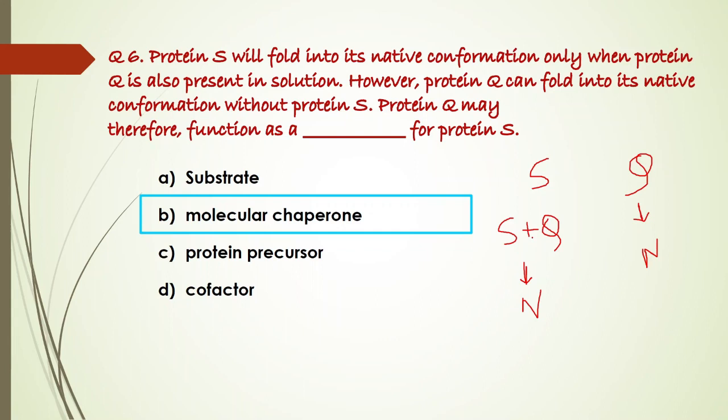Substrate is a term generally used for enzymes, where the enzyme interacts with the substrate and gives you a product. Nothing like that is happening in this question. It is a native folding that is occurring. So the first option is out of the question. The correct option I will come to at the last.